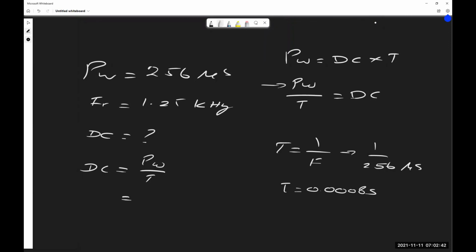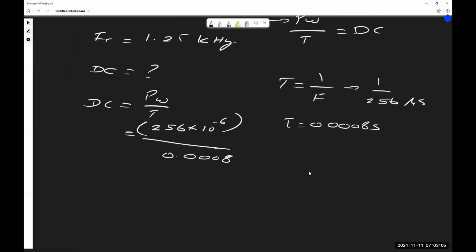So if you put the pulse width, 256 times 10 to the power of minus 6 because it's microseconds, divided by 0.0008 seconds, and do the calculation, the answer is going to be 0.32, and then you need to convert that into a percentage. That's going to be 32%. So the answer here is a duty cycle of 32%.